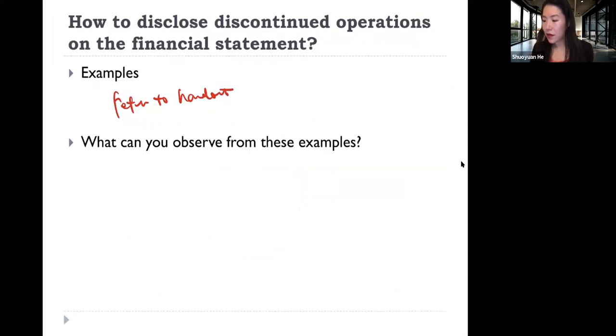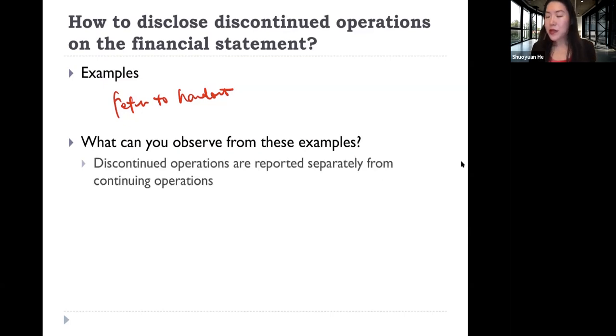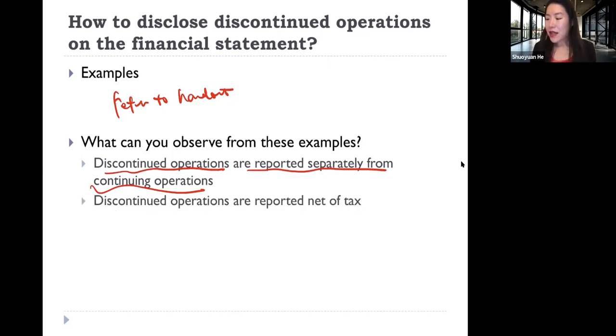So what can you observe from those examples? The first observation is discontinued operations are reported separately from continuing operations. This we have already mentioned several times in this class. And then another thing, which sometimes can be omitted, but which is also very important.